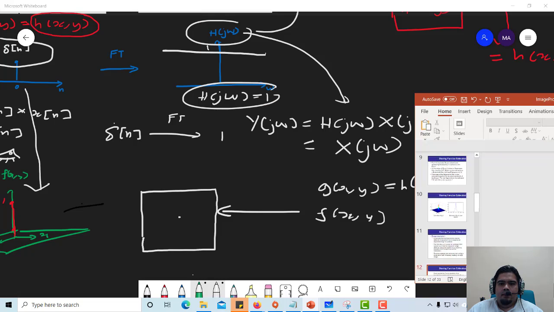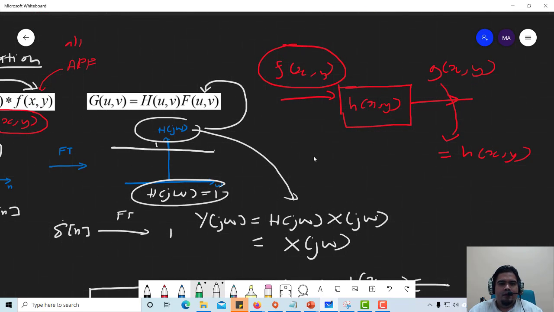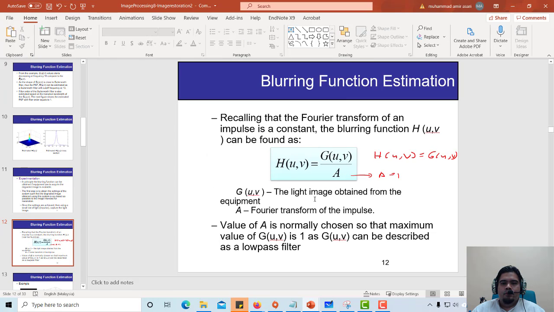Because now your H(j omega) equal to 1, so you can directly get it like this. In other words, if your f here becomes 1, then your G here is equal to G over a, which is written in the slide. Okay, a here refers to this 1.